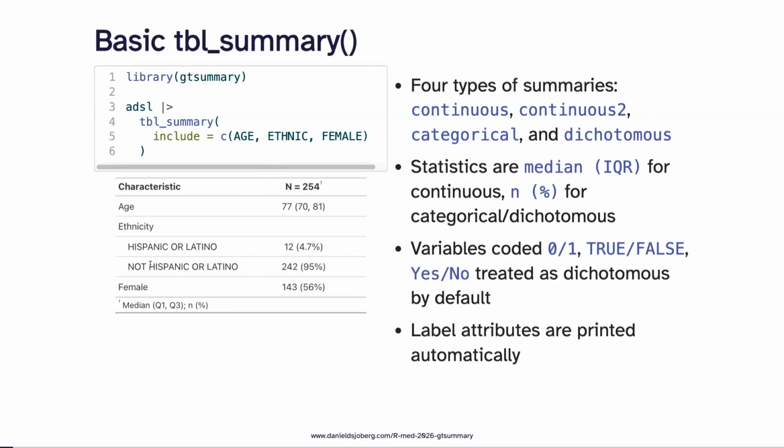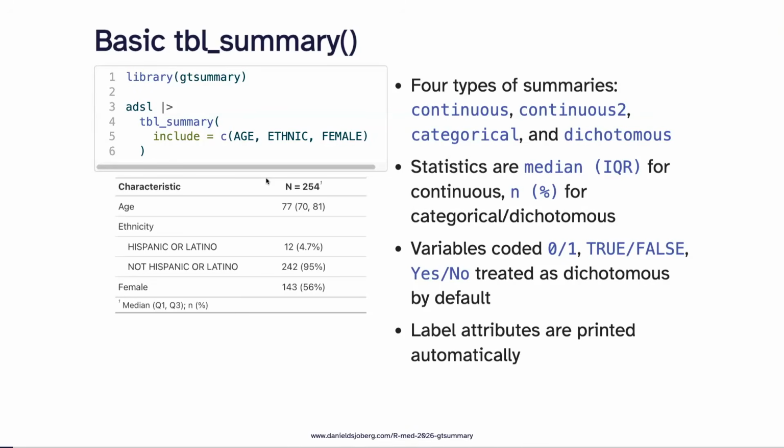And then female is a true-false variable, and that is going to default to a dichotomous variable. Dichotomous is very similar to a categorical variable, except it just displays on one row where there are two levels. You show the level of interest, and the other level is pretty simple to intuit in most cases. So that's what we're dealing with.